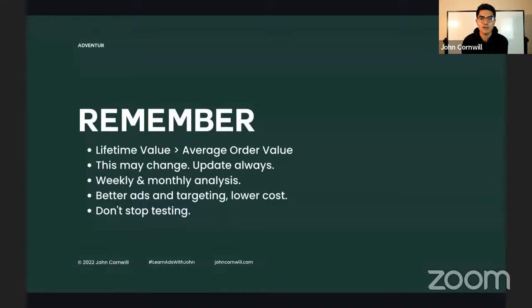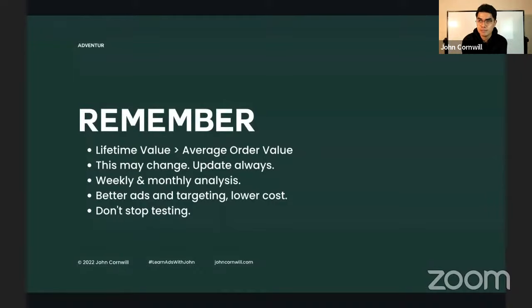Okay? Sige. Of course, yung mga values kanina, it may change. Hindi yan permanente. When you compute right now, it may change. And please update always. Let's say, baka nag-iba na pala yung average order value. Diba? So, update. And then, we have also another point here, which is dapat, sana, weekly and monthly analysis.